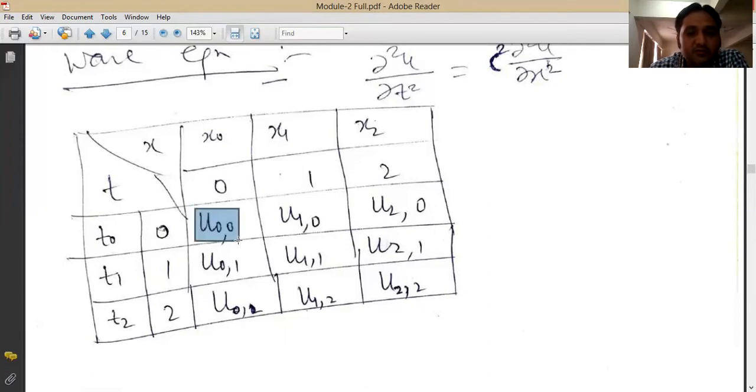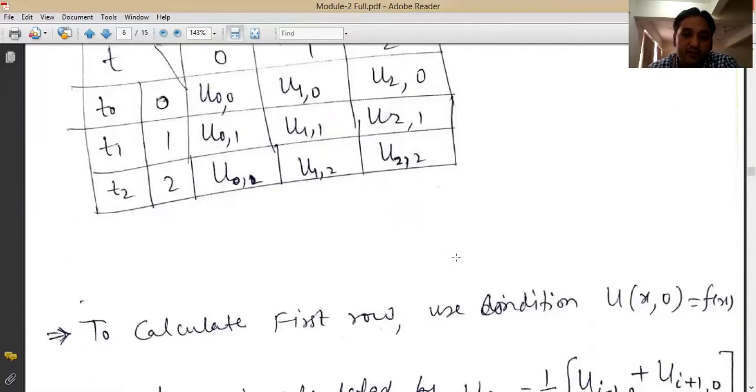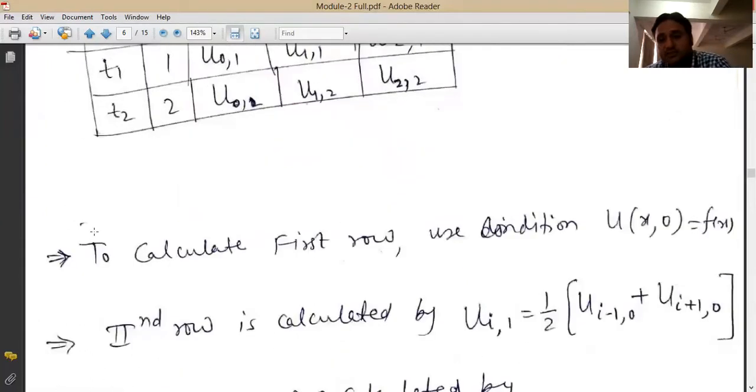Then the pivotal values in the first row will be u00, u10, u20. The second row will have u01, u11, u21. The third row will have u02, u12, u22. These values we will find from a formula, which is the set of rules to calculate all these missing values.